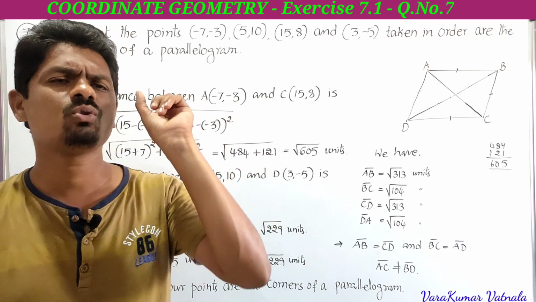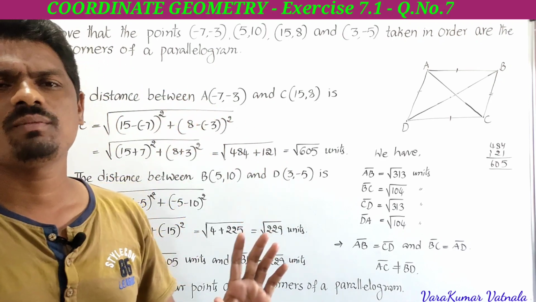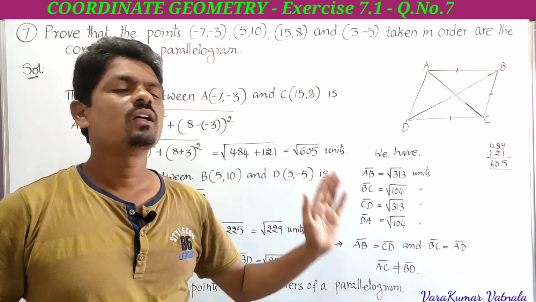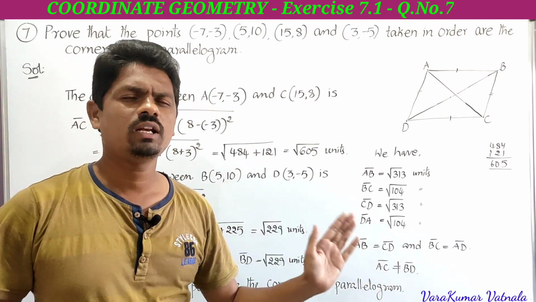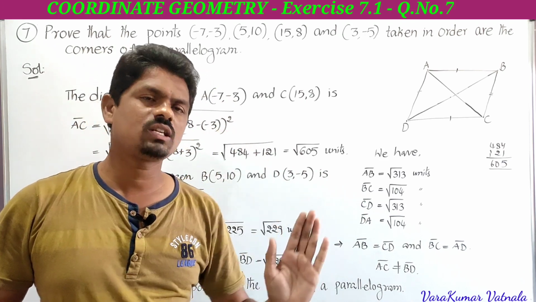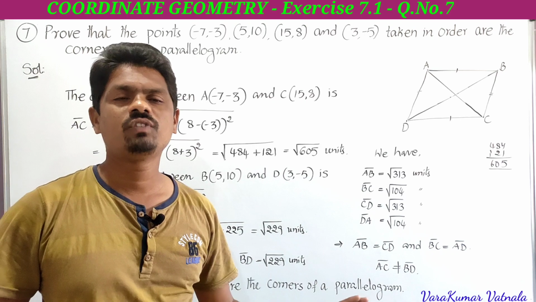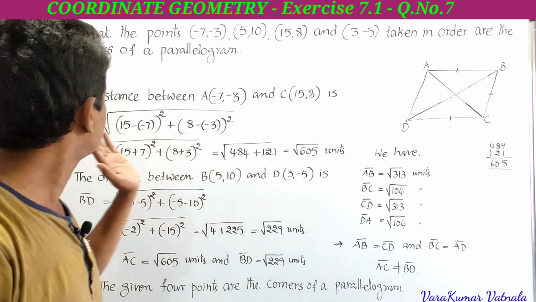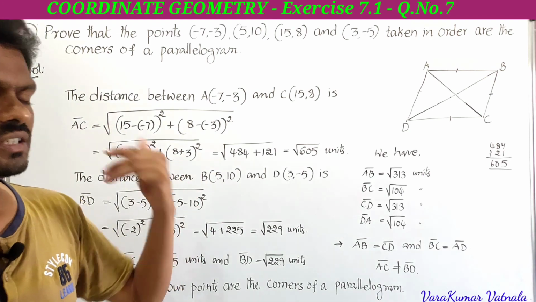We have used only one formula, the distance formula. As I said earlier, this first exercise depends only on the distance formula. Using only the distance formula we can solve all the 15 problems in the 7.1 exercise. So this is the 7th problem in this first exercise.